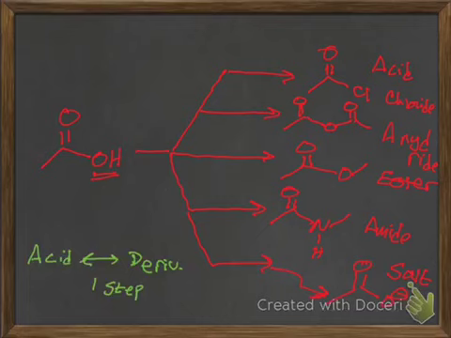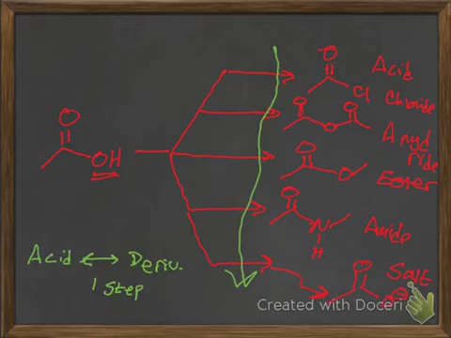You can go down this list in one step. So you can go from the acid chloride to anything underneath it in one step, the acid anhydride to anything underneath it in one step, the ester down the chart in one step.